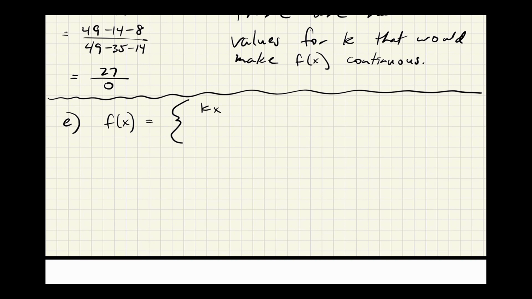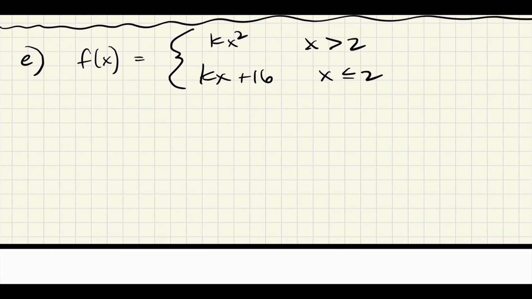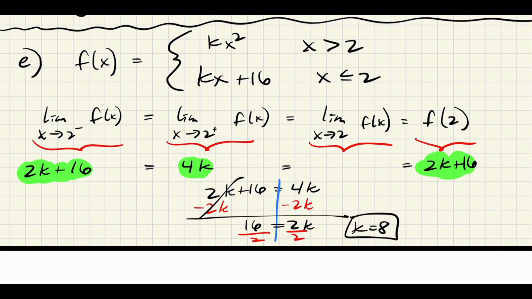Kx squared when x is greater than 2, kx plus 16 when x is less than or equal to 2. This one will have a solution. You'll get k. Okay. So 2 is the only spot where continuity could be an issue.